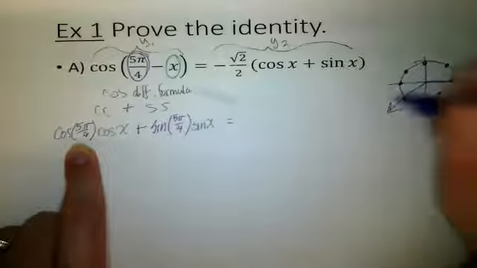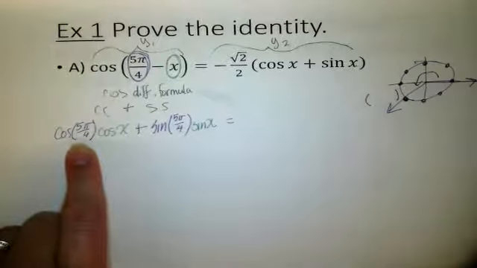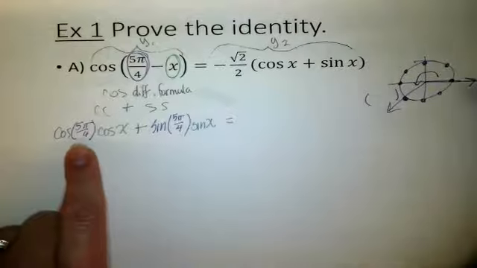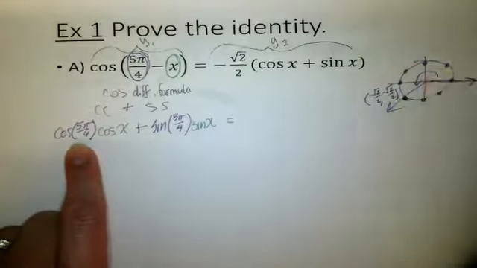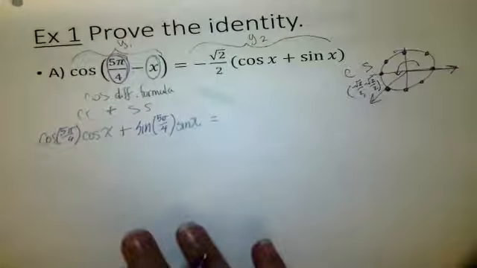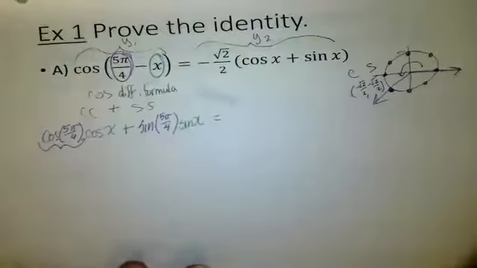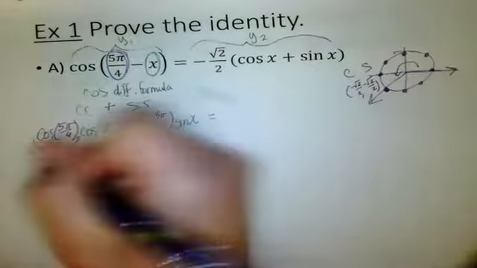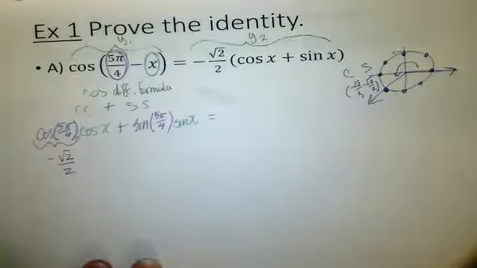What ordered pair is at 5 pi over 4? Negative radical 2 over 2 and negative radical 2 over 2. Good. Okay, that's alphabetical, cosine, sine values. So what is the cosine value at 5 pi over 4? Negative radical 2 over 2.